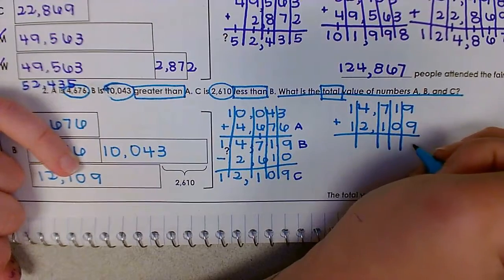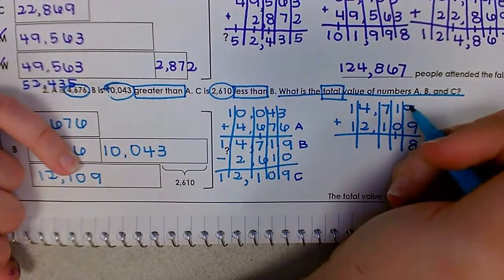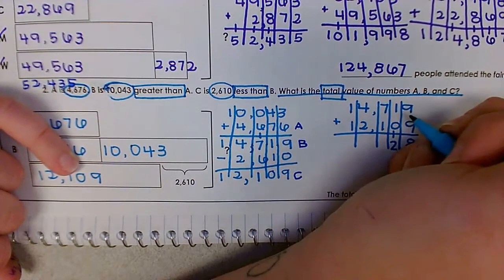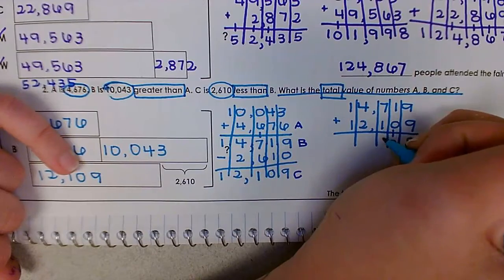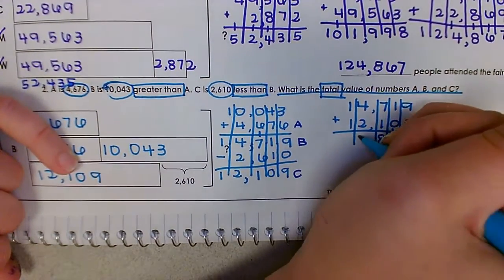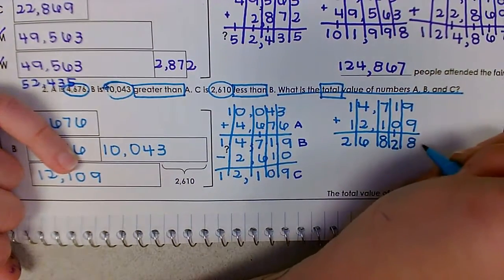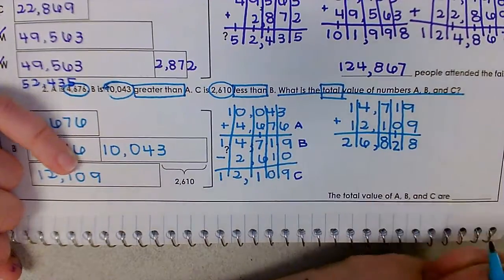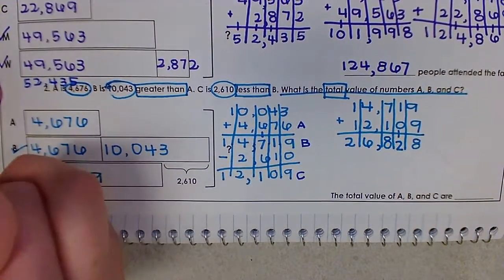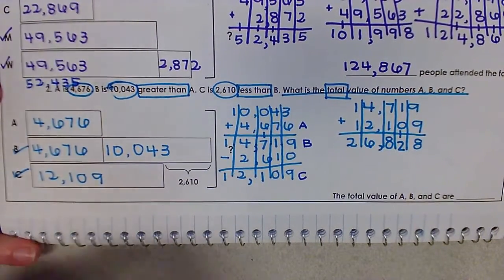Nine plus 9 is 18. 1 plus 1 more is 2. 7 plus 1 is 8. 4 plus 2 is 6. 1 plus 1 is 2. 1, 2, 3, whee! All right, I've added B. I've added C. Let's go back and let's add A to find our total.